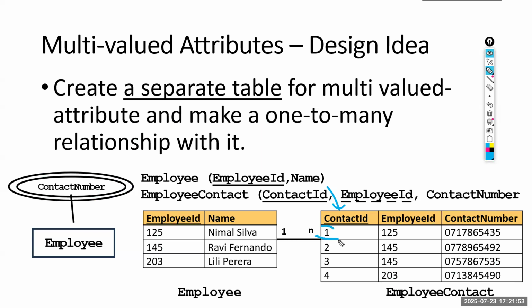Because this is your primary key, you can have the same employee ID more than once. This is a one-to-many relationship. And this is called a foreign key. This is your surrogate primary key. This is your other primary key. And now this multi-valued attribute has ended up as a one-to-many relationship, a new table, and it's related to your original employee table.